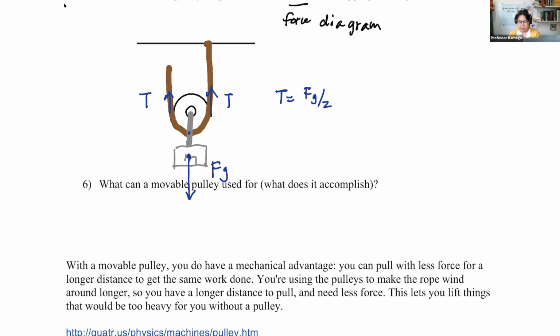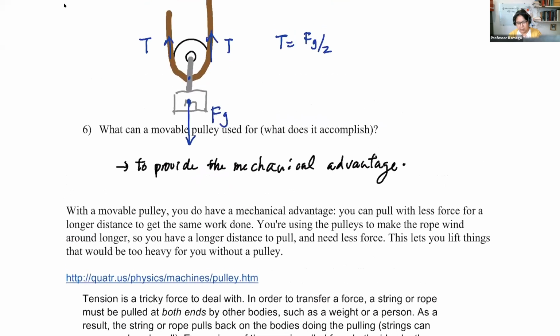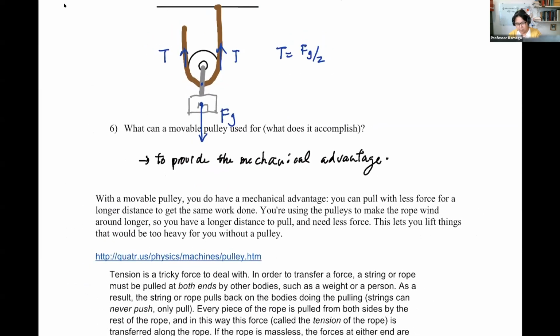So that's why you see that the movable pulley is mostly used to provide the mechanical advantage. In this case, you can support with half of the weight by using the movable pulley.